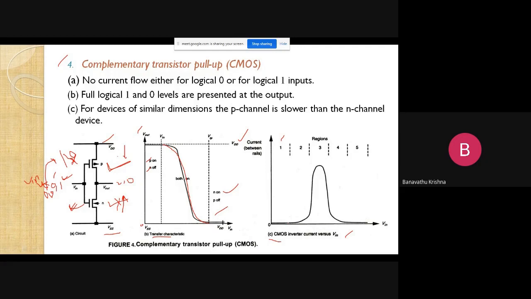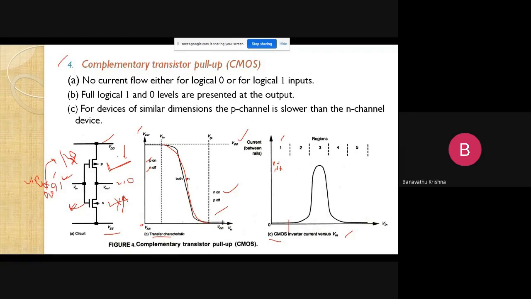Up to region 1, P is on and N is off. So we know that there is no path between the supply rails, VDD to VSS. So there is no current, that is zero current.